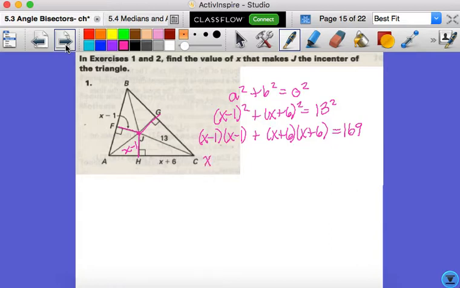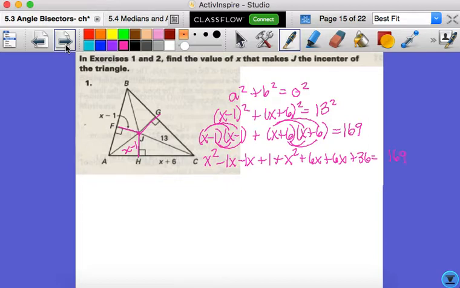So we've got x squared minus 1x minus 1x plus 1, and we should have a plus sign there, plus x squared plus 6x plus 6x plus 36 all equals 169.